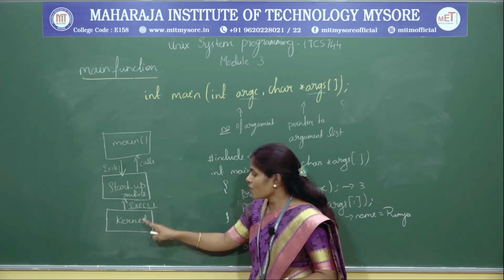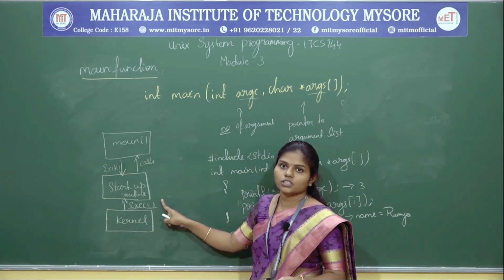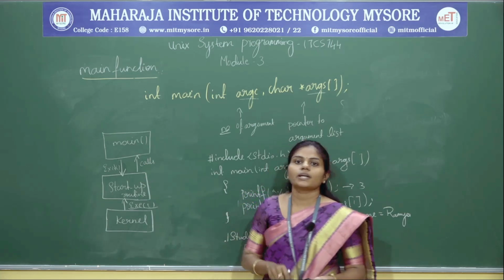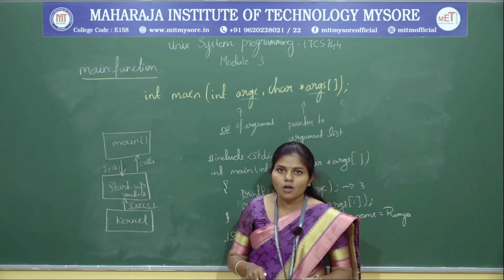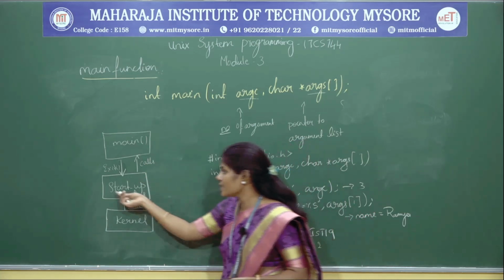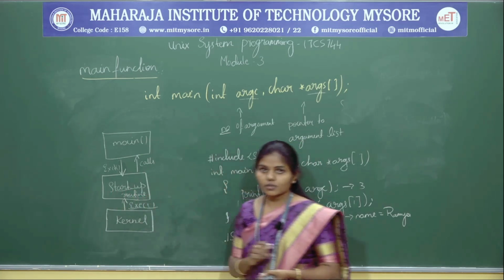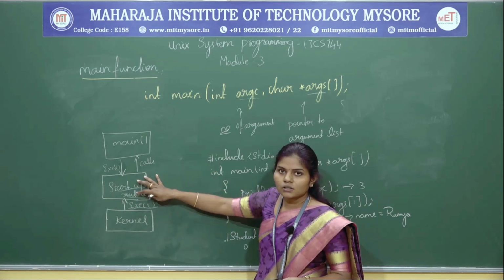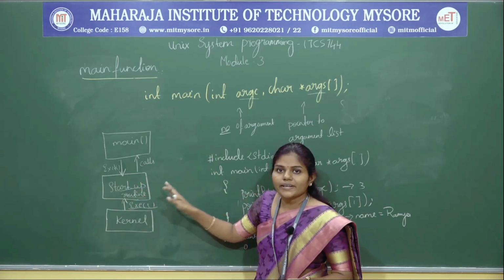When the kernel executes this function, before the main function it is going to call one more important routine, which we call the startup routine. So before the main function the kernel is going to call the startup routine. What does it contain?